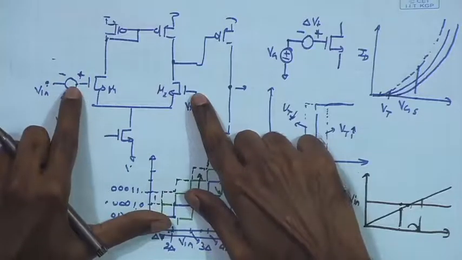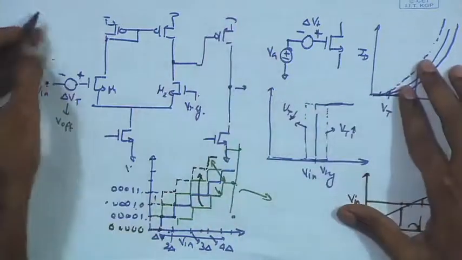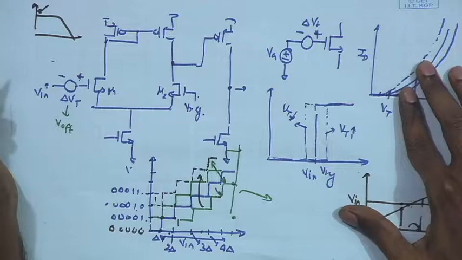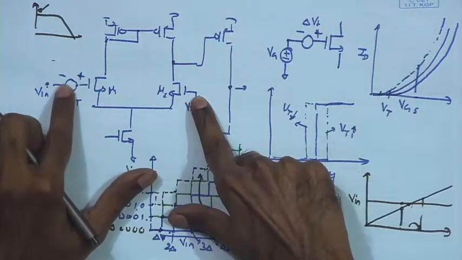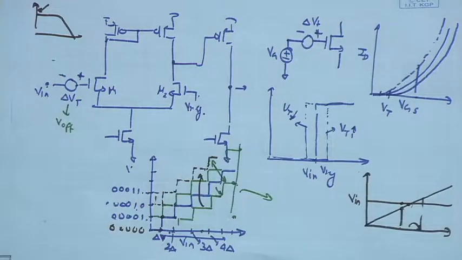That means if you apply a DC voltage and sweep it, or you apply a DC voltage, of course the output voltage will change, that is DC. So, the gain of the amplifier is this, right? So, at DC you have gain. If you change the DC bias input, one of them is VDD by 2, another one is VDD by 2 plus 20 millivolt, of course output will change. But for finding the gain, we assume that the DC point is constant.